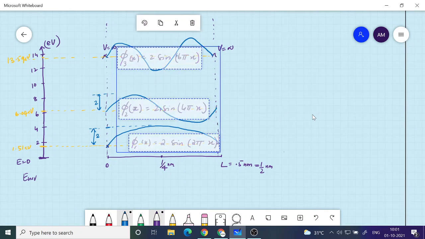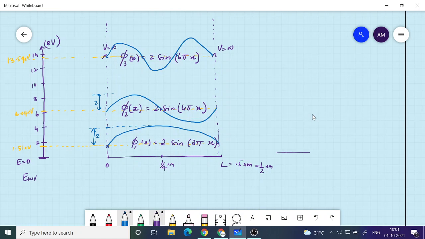So I am just repeating this. x is equal to 0 to x is equal to say half nanometer. You have the infinite potential here. So all I am going to do is basically take the probability density function.